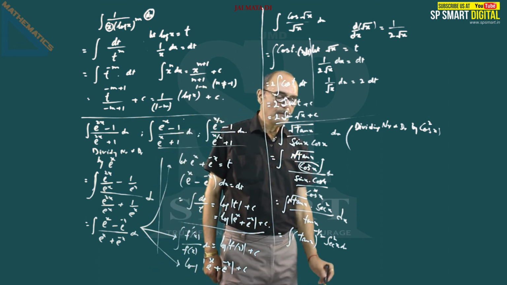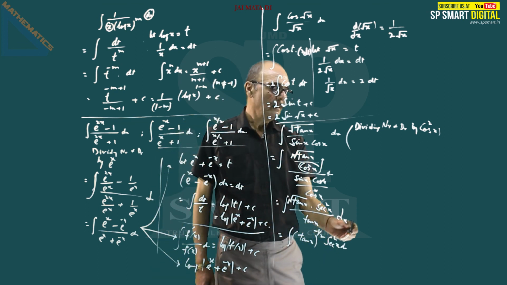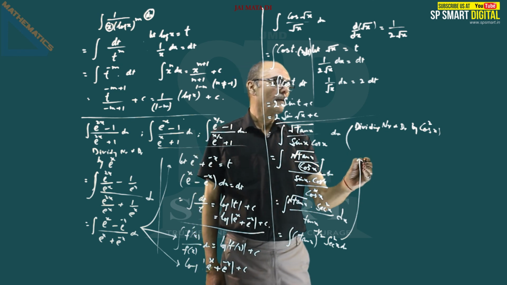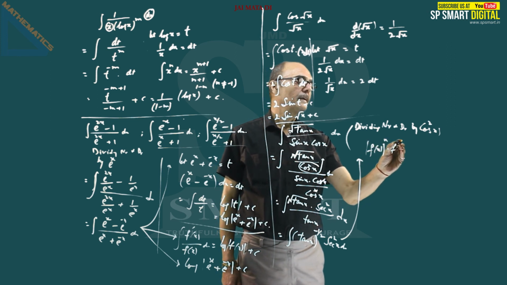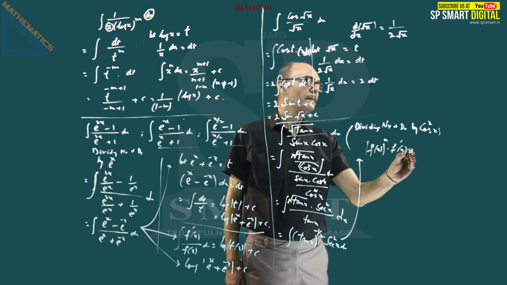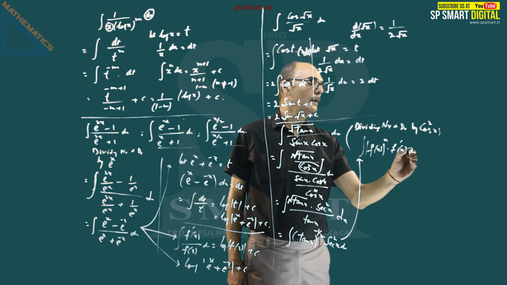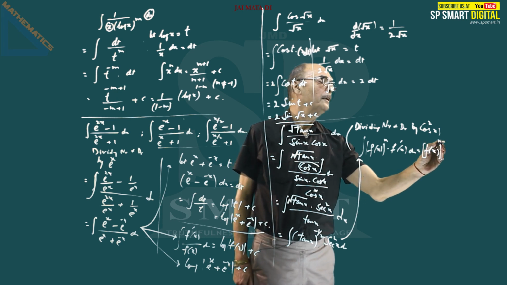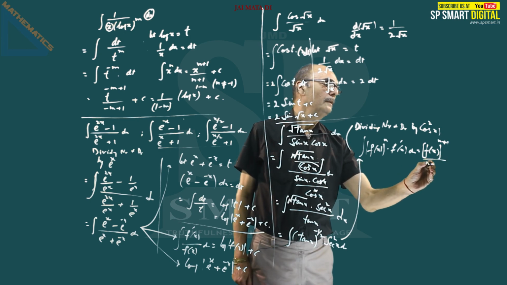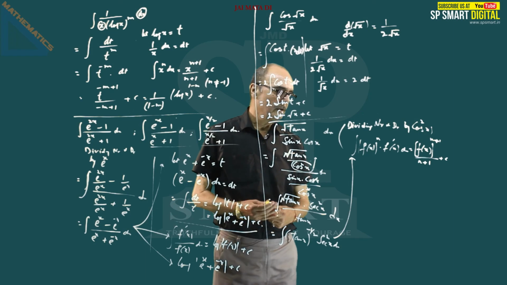We will use the formula this: integral f of x raised to power n and f dash x d of x equal to f of x raised to power n plus 1 upon n plus 1 plus c. Here f dash x is secant square x.